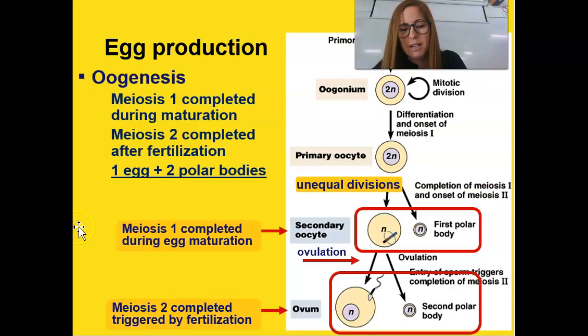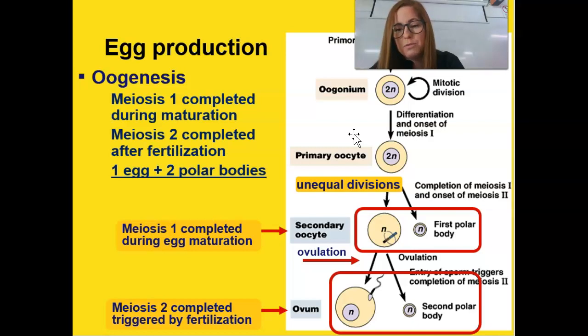A female is a bit more complicated than that. At the time of birth, all of a female's potential ovums, or eggs, are in prophase 1.